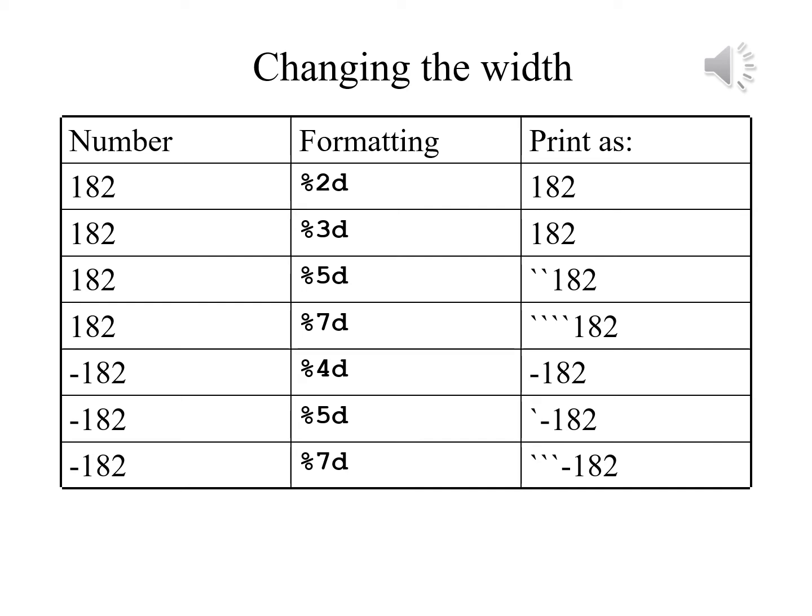Negative 182 is printed using all 4 spaces. We remember that the negative sign takes up a full space, as do each of the 3 digits. %5d will give me 1 blank in front, and %7d will give me 3 blanks in front.